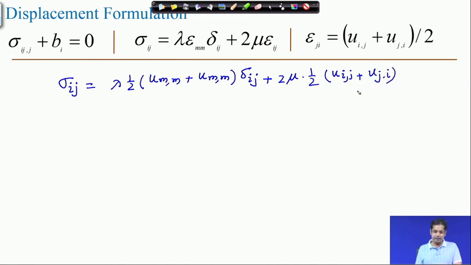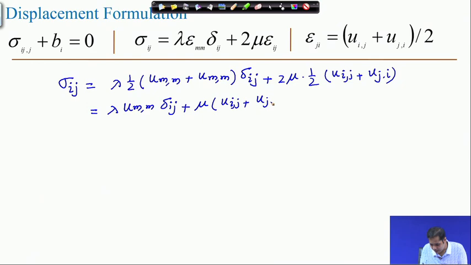So, this is your sigma ij. You can slightly simplify it. So, this becomes essentially lambda u m comma m delta ij, and this becomes mu into u i j plus u j i.